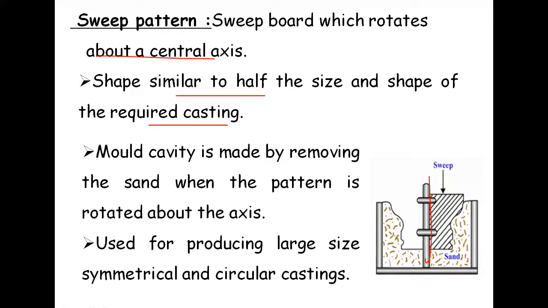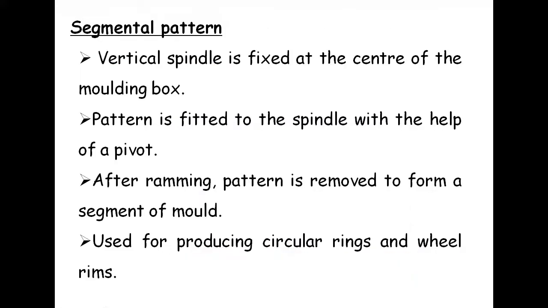So the mold cavity is produced when the mold sand is removed with the support of the sweep board. It is used for producing large symmetrical and circular castings. Mostly sweep patterns are preferred for circular castings and symmetrical objects.